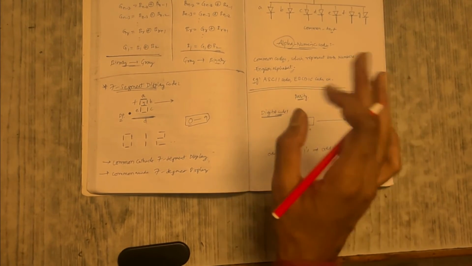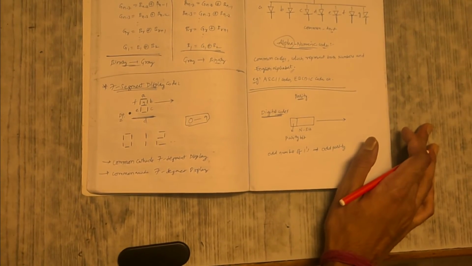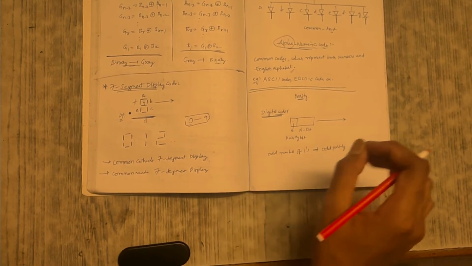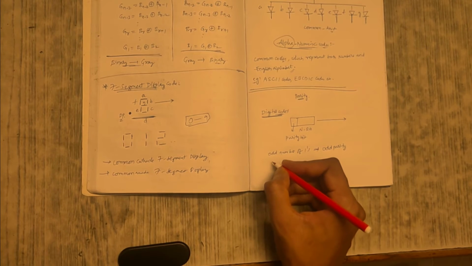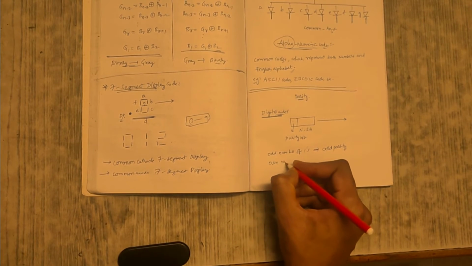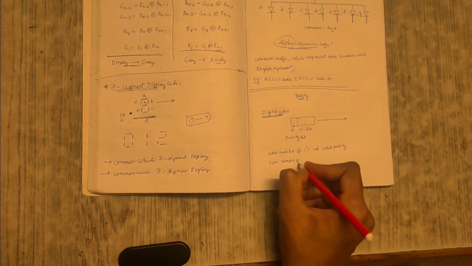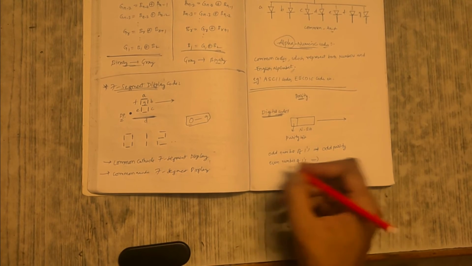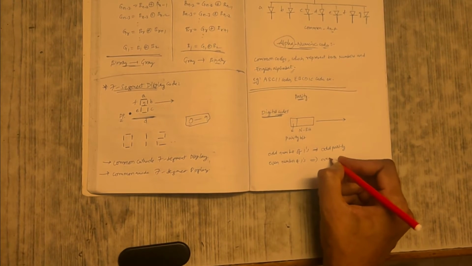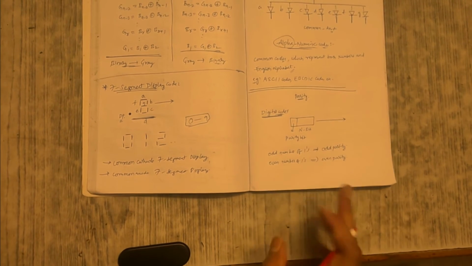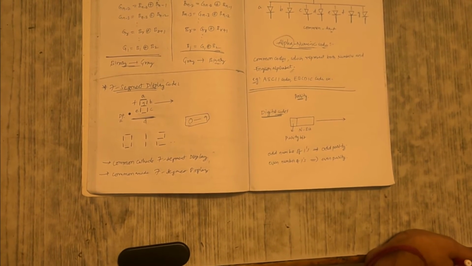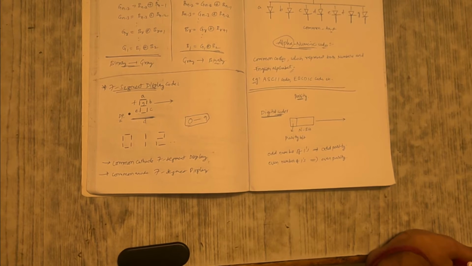Simply you count the number of ones in the given code. If the number is odd, then we say that the code has odd parity. If the given code contains an even number of ones, then we say that the code has even parity. Very simple. So how is it used in error correction?